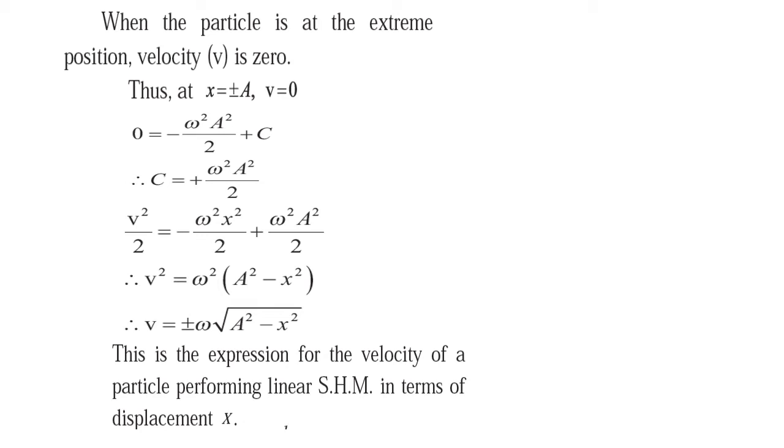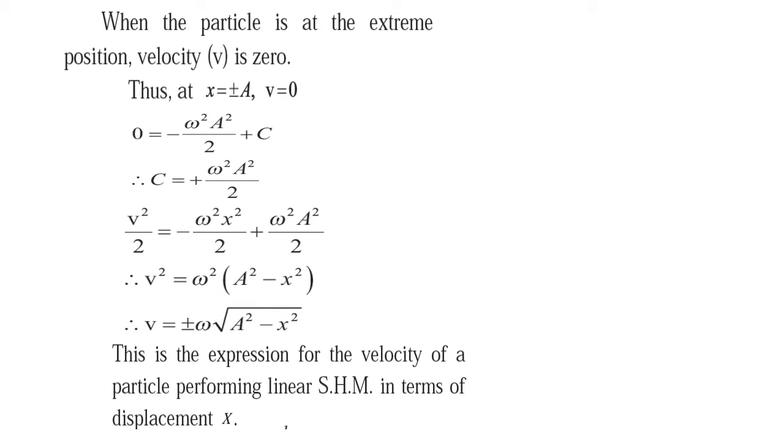So when the particle is at extreme position, velocity is 0 and displacement is equal to amplitude, and the equation becomes 0 is equal to minus omega square a square upon 2 plus the constant of integration, c. We can find the value of c by rearranging the terms. The value of c comes out to be omega square a square upon 2.